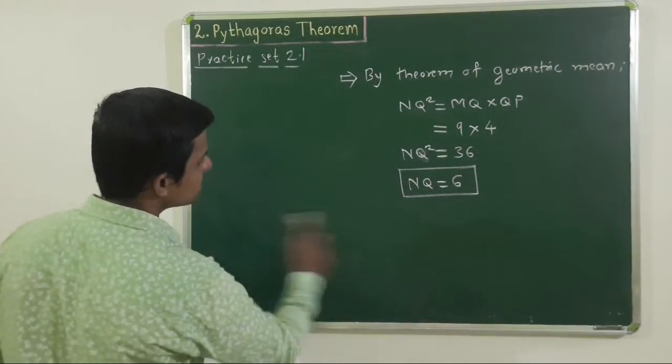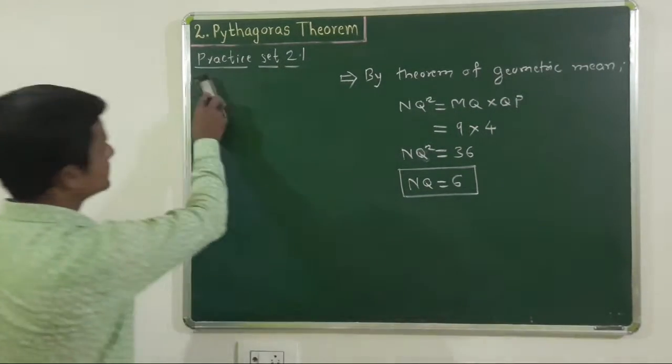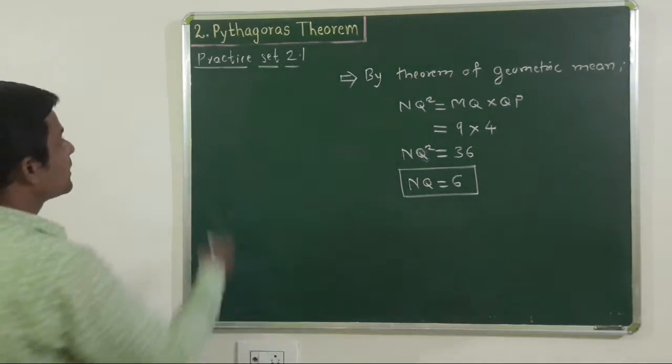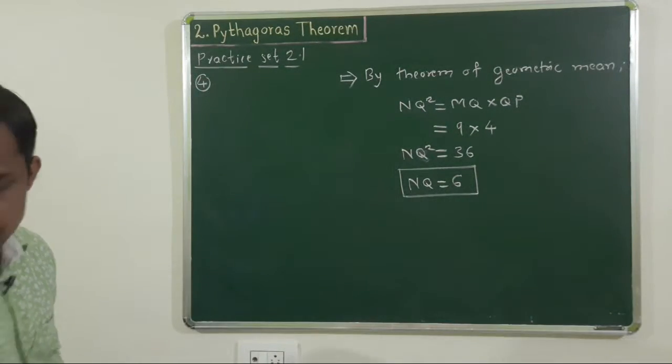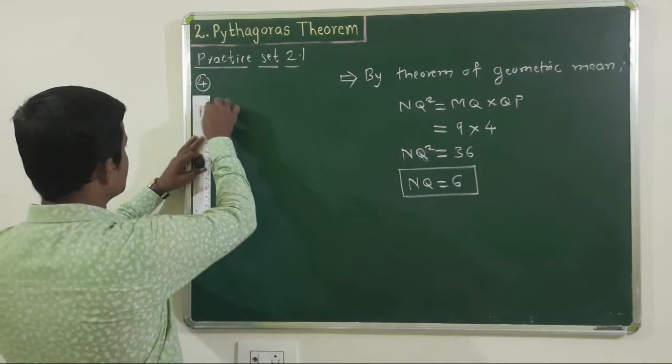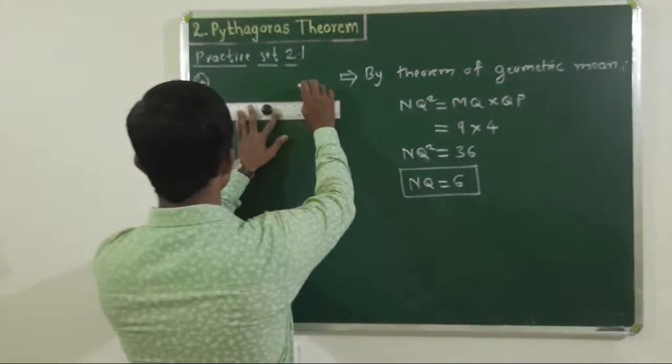I'll skip example number 3, which we can solve, and I'm going to write example number 4. One diagram is given again. There is one right angle triangle.